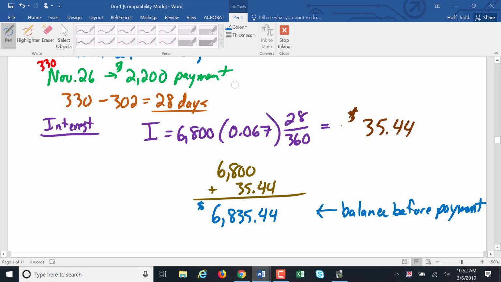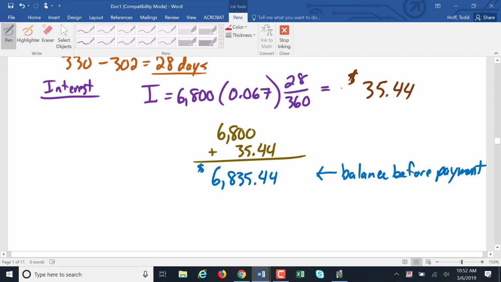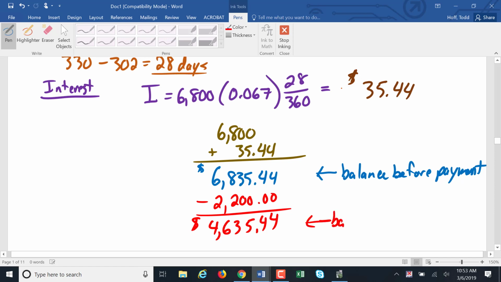Then I'm going to subtract my payment of $2,200. So now we've got $4,635.44. That's the balance after the payment.